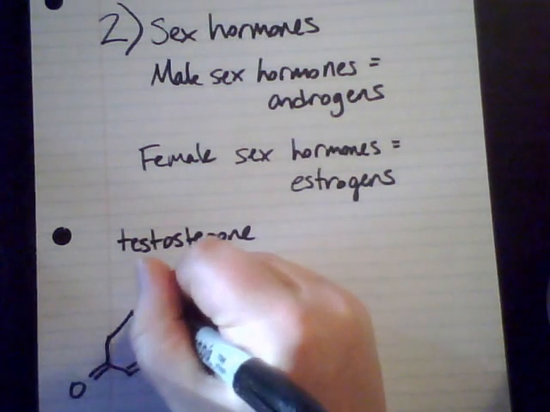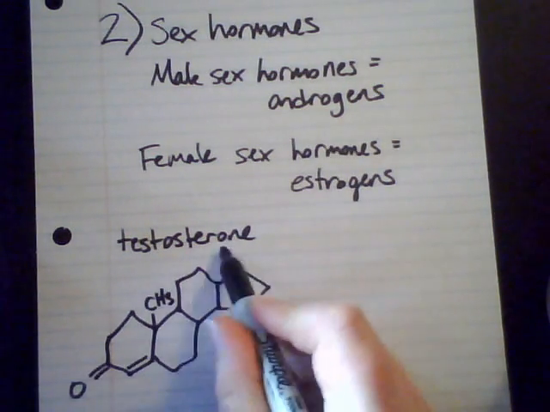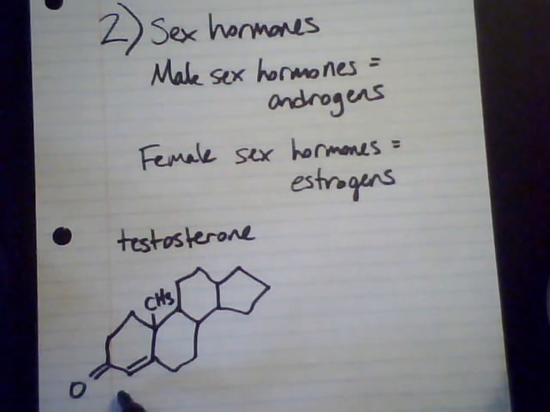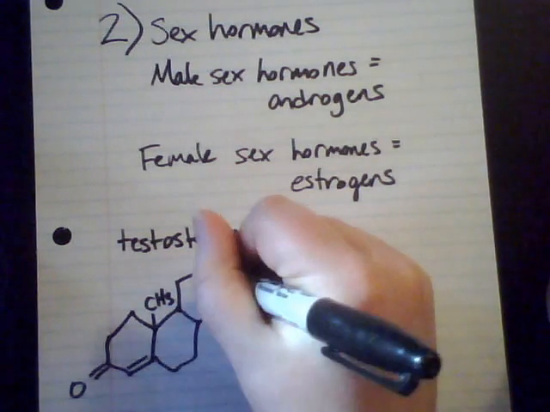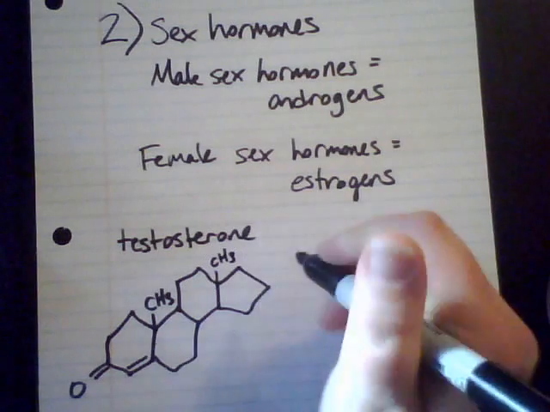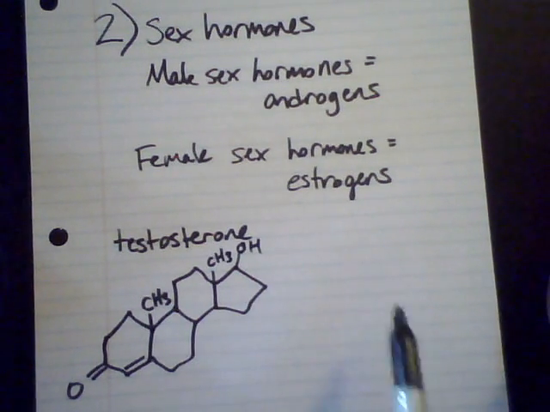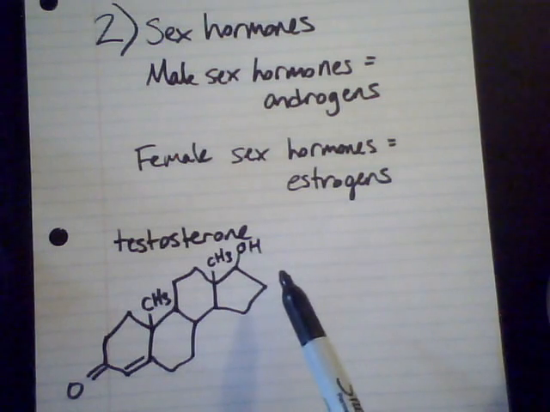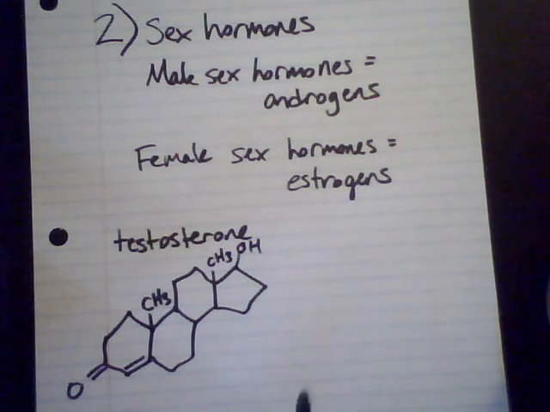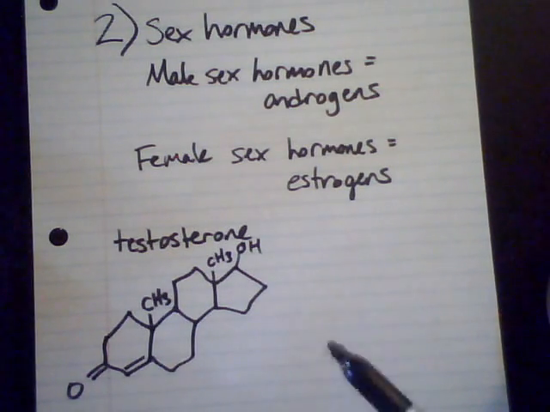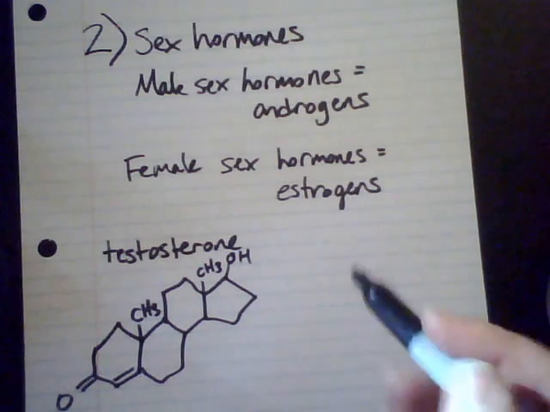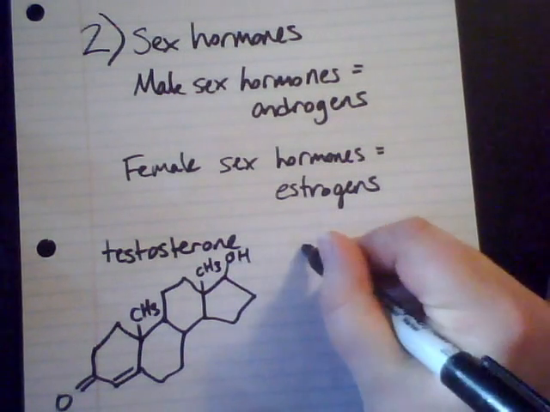Just by looking at the name testosterone, we would expect that ketone to be there. And we also have an alcohol group. So we have two interesting functional groups and two methyl groups off of our 4 fused ring structure: 2 methyl groups, an alcohol and a ketone. So this is testosterone, and it promotes the secondary sex characteristics.